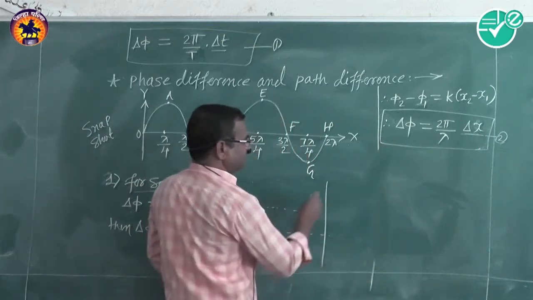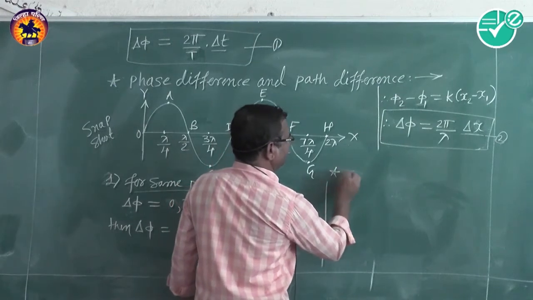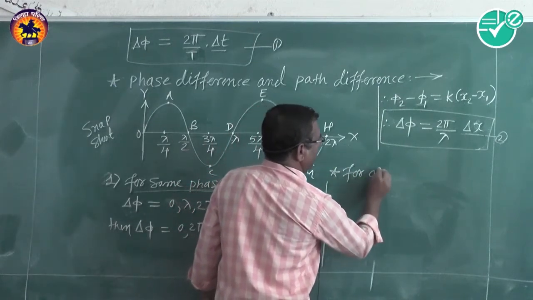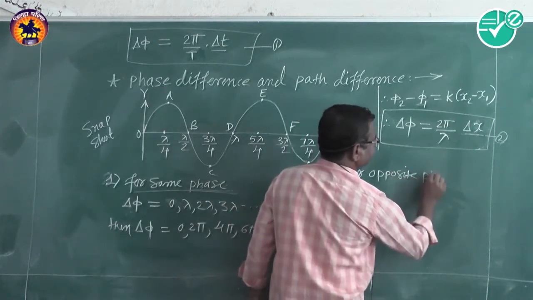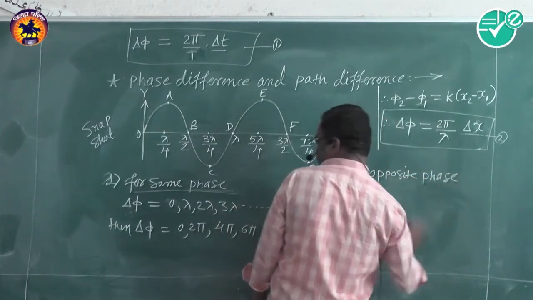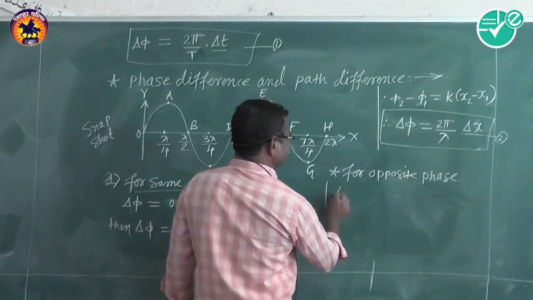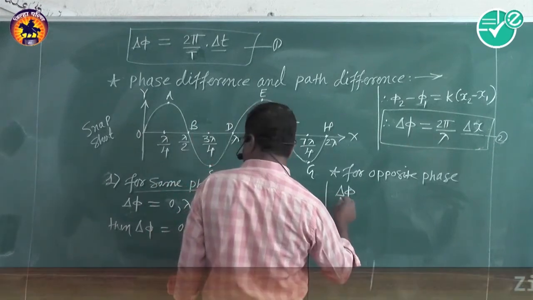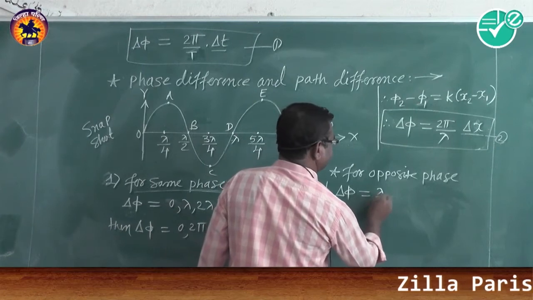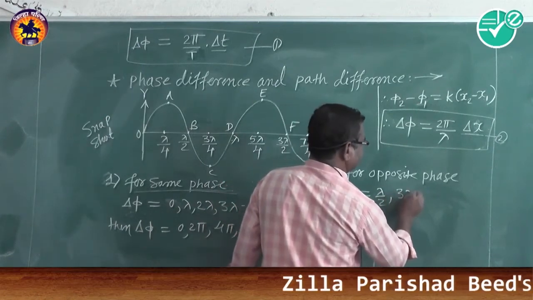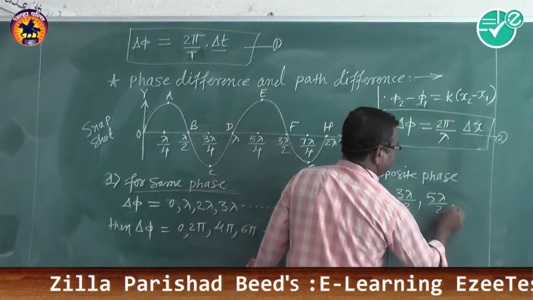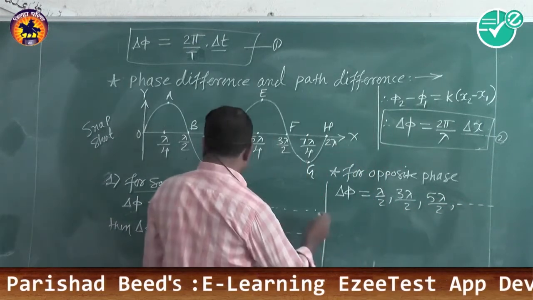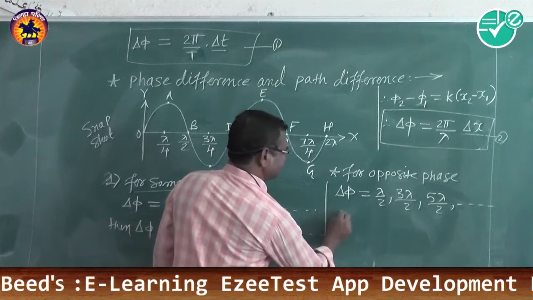Then we learn for opposite phase. For opposite phase, the path difference becomes lambda by 2, 3 lambda by 2, 5 lambda by 2 up to so on.